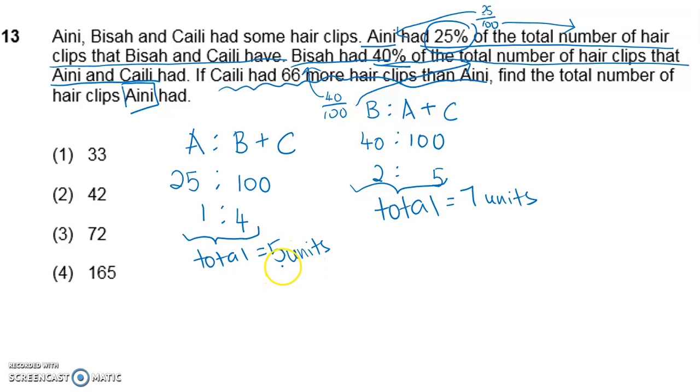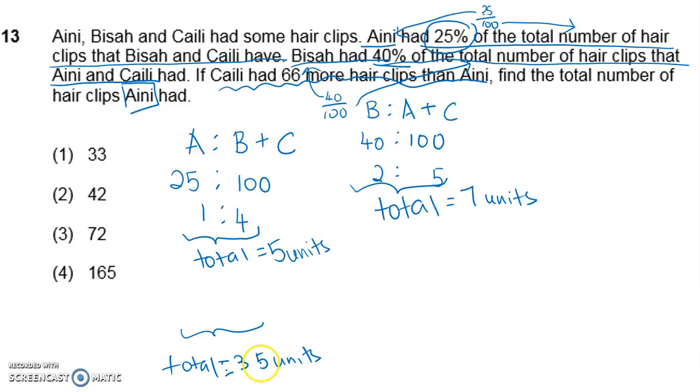Okay, I'm going to find a common multiple, which is the next common multiple is 35. I'm going to put the total as 35 units. And how do I do this? How do I get 35? Because this is the common multiple of 5 and 7.